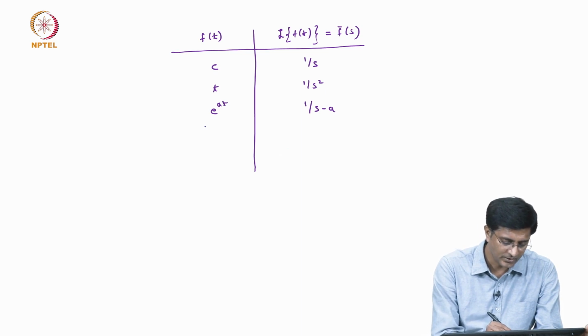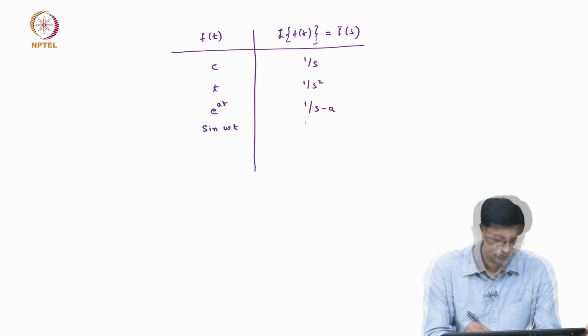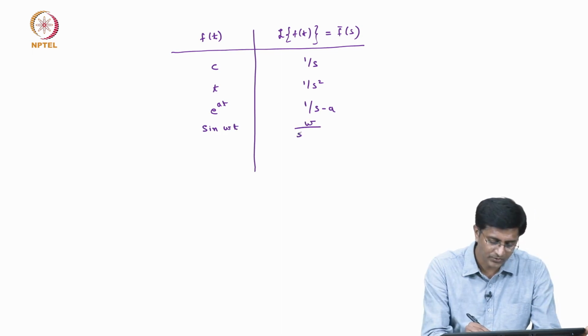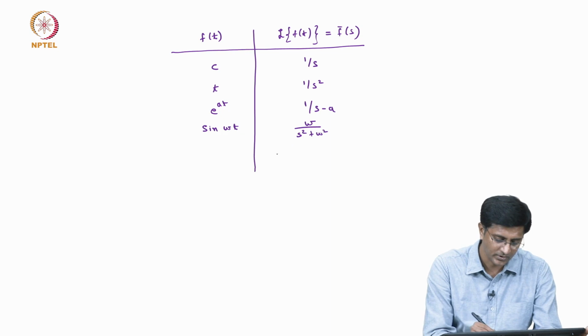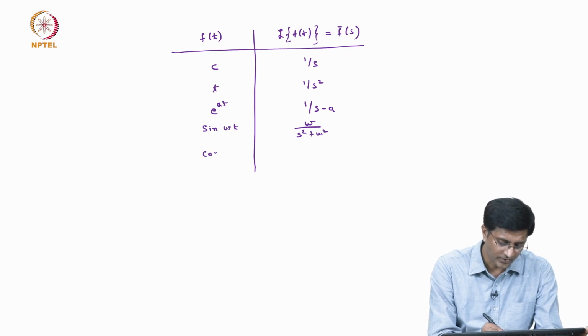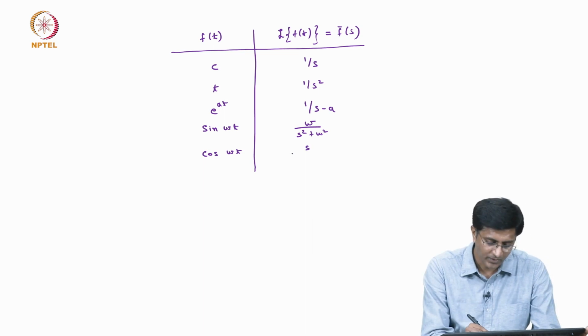Now, if we consider sine of omega t, it is omega by s square plus omega square. For the cos function, the Laplace transform is s by s square plus omega square.